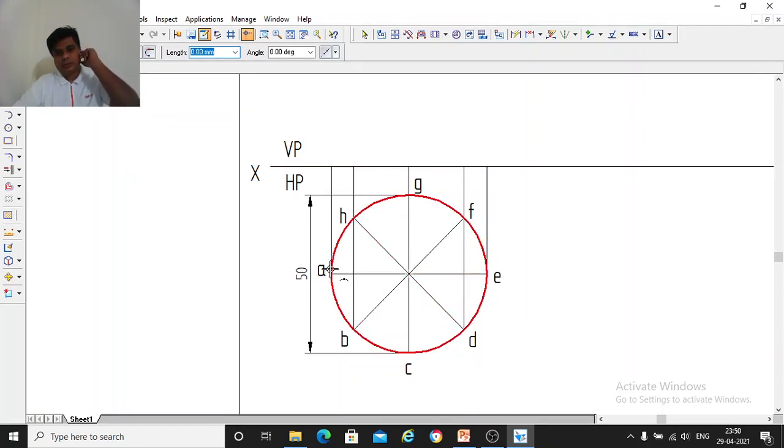So this is the left point of the circle A, this is the right point of the circle E. So AE, we should draw it with a thick line. So this is the front view of the circle.